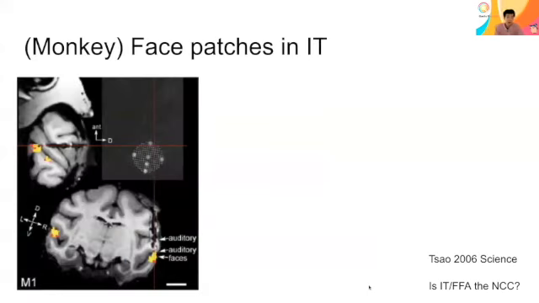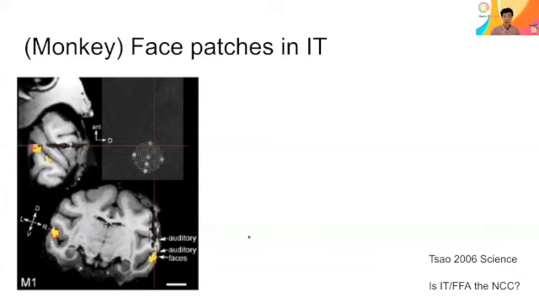Now, because we have the technology to do this type of fMRI experiment also in monkeys, Doris Tsao at Caltech combined these two technologies. Using fMRI, first she was able to locate very tiny face-responding patches in the monkey's brain, next to auditory areas and so on.